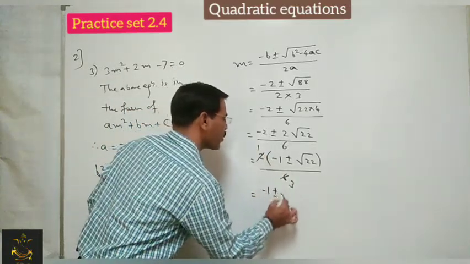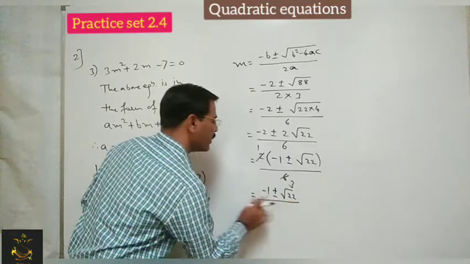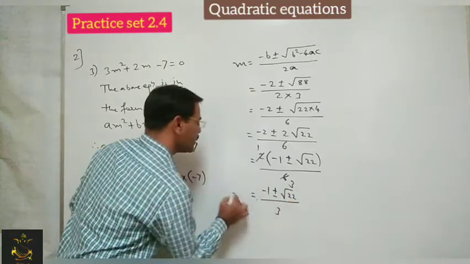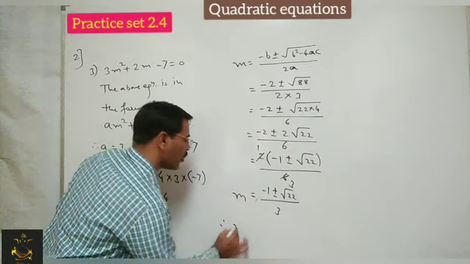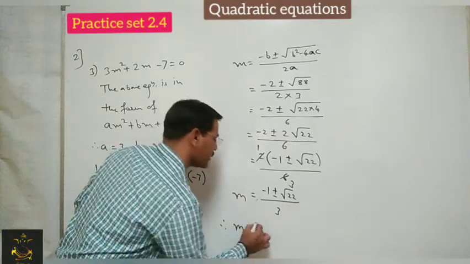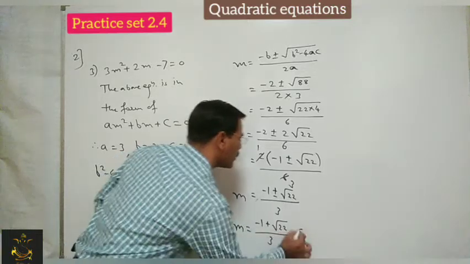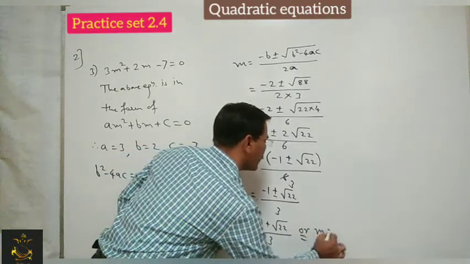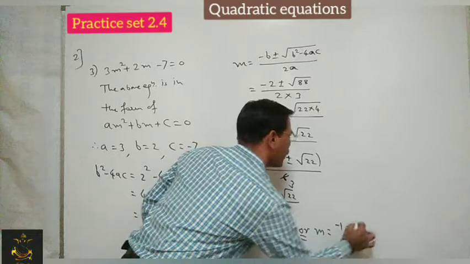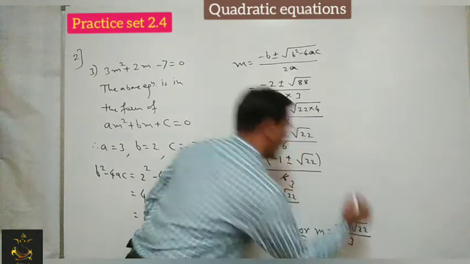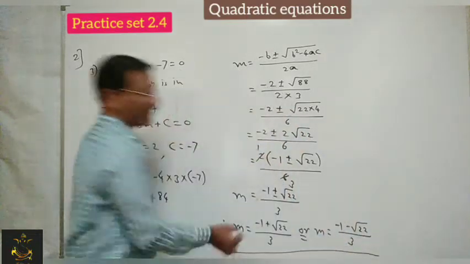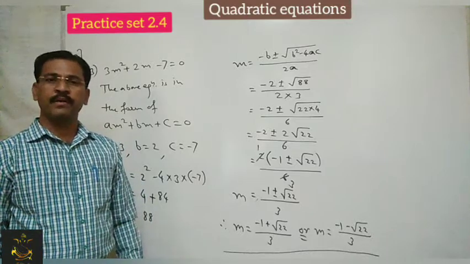Minus 1 plus or minus under root 22 upon 3. In the form of one time plus and one time minus, m is equal to minus 1 plus root 22 upon 3, or m is equal to minus 1 minus root 22 upon 3.